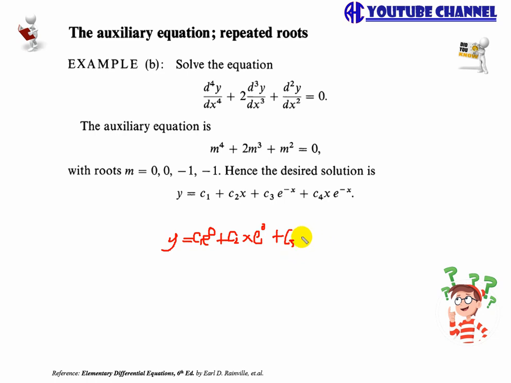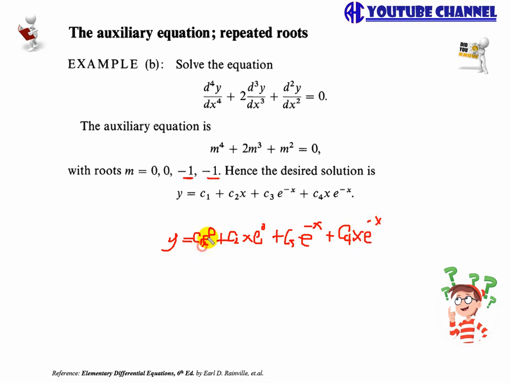So, hindi ako mag-apply ng x kasi yung x is applicable lang kapag may mauna ng same na roots. So, C3 a raised to negative x. Ito na, magdadagdag na ako ng x kasi yung ilalagay natin is same sa negative 1 na nauna sa kanya. Okay, plus C4 times x a raised to negative x.